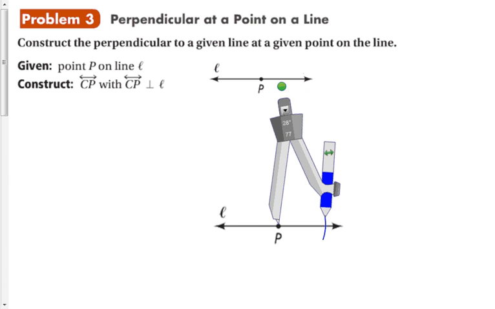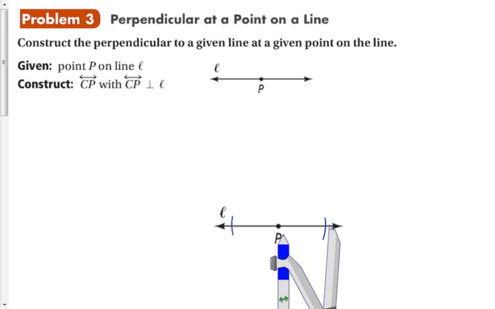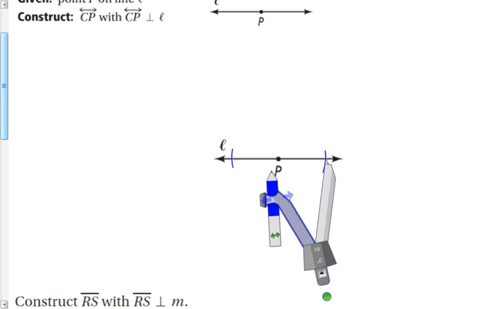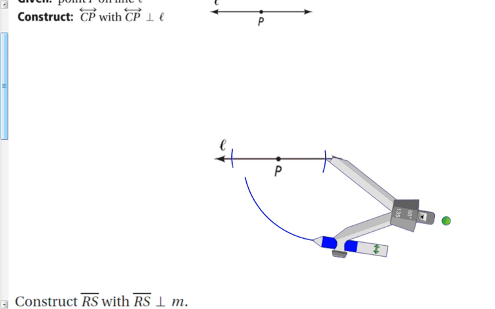So I want equal segments on both sides. I'm going to draw that in. And then if I draw the perpendicular bisector, I know that that line will be perpendicular. So I'm going to open this a little wider, and just draw an arc there.